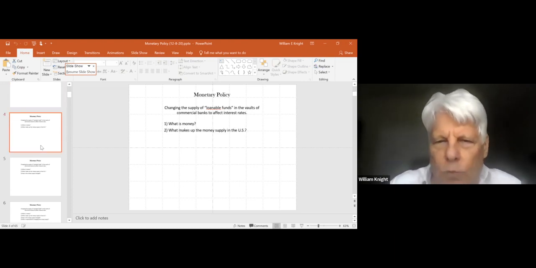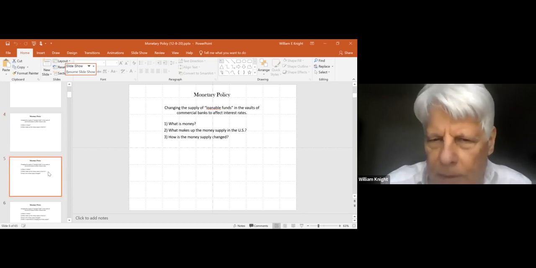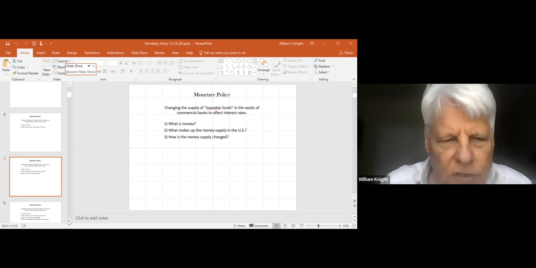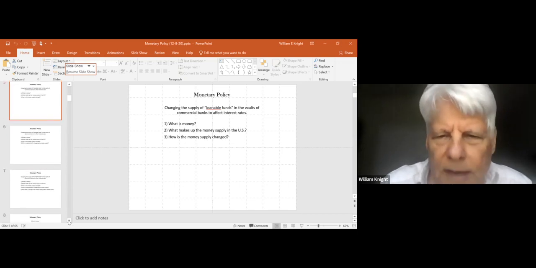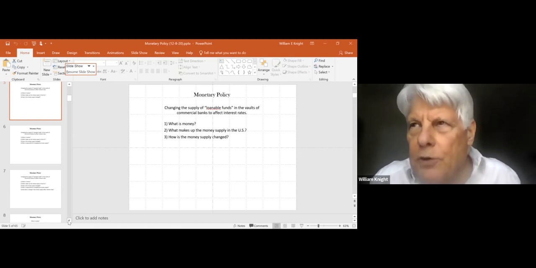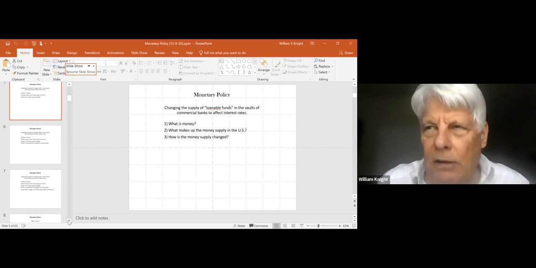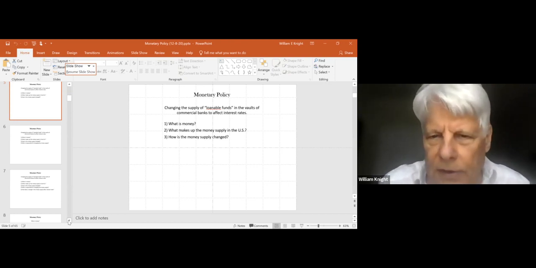Once we figure that out, we'll look and see what makes up the money supply in the United States. What are the assets that make up the money supply? Next, we'll talk about how the money supply is changed. Does the government fly helicopters over the people and start dumping out bales of money? Is that how they increase the money supply?